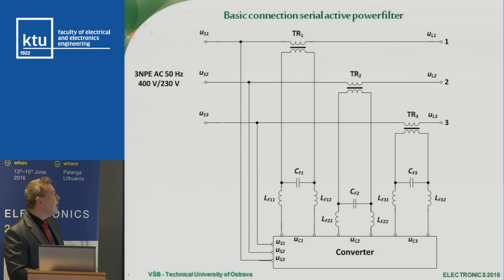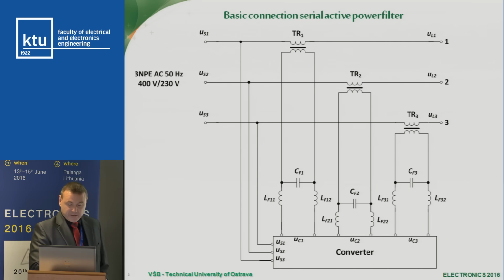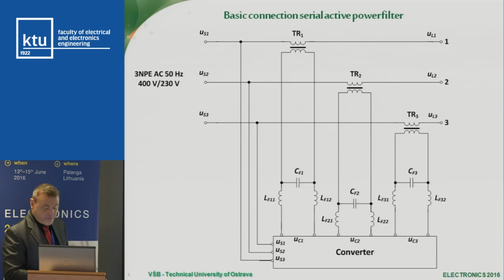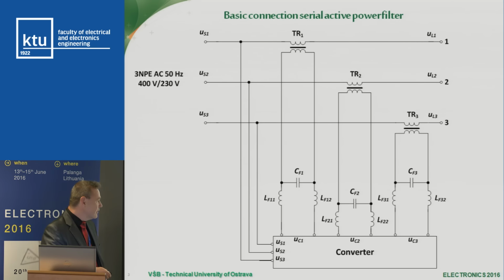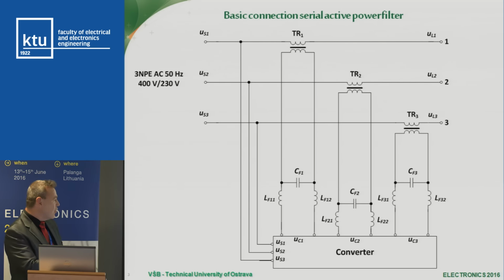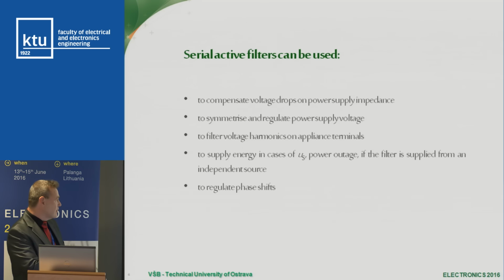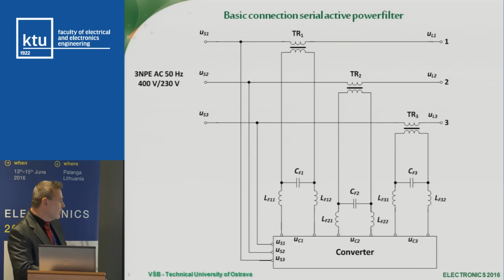The next picture shows the hardware conception of this serial active power filter. This is the converter. This converter directly produces the voltage UC, and this voltage is summed with the voltage from the line US, through a transformer.